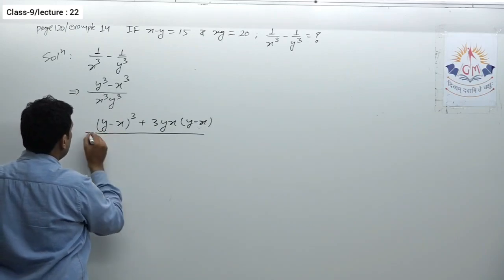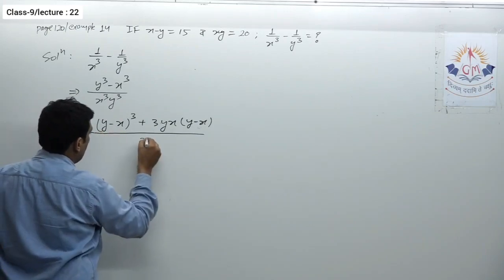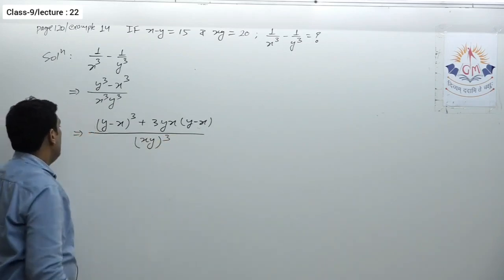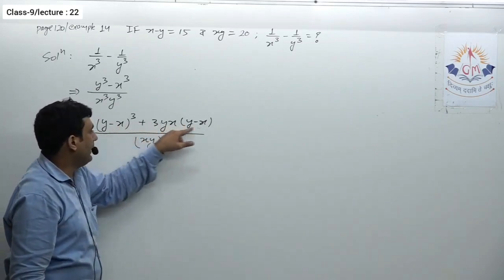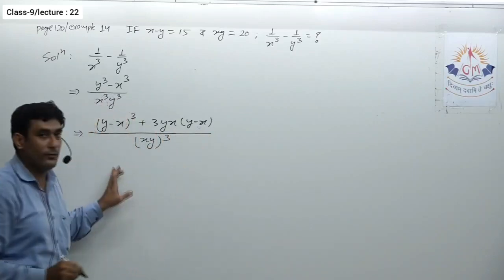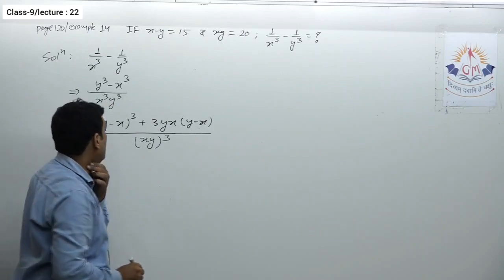And the denominator I can write as xy whole cube. Now these three values, y minus x, yx and y minus x, we have to put in to obtain the final value of the given expression.